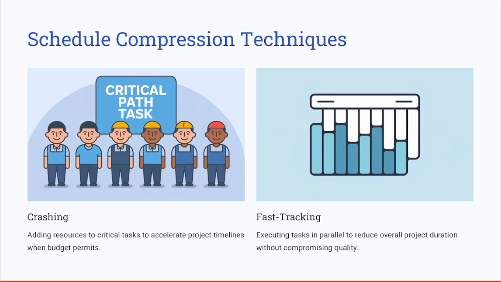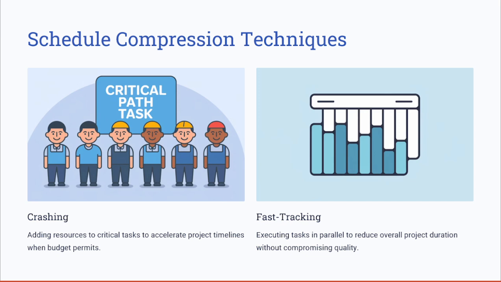So again, if the project is behind schedule and there are additional resources available, you can use the crashing technique as part of the schedule compression. You can also use crashing when the budget constraints allow for increased costs.